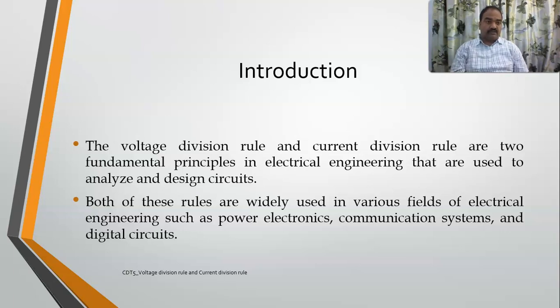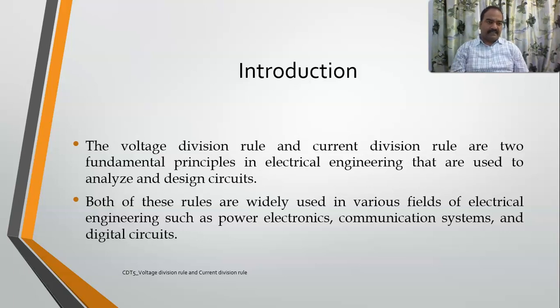So, first of all, coming to the introduction, the voltage division rule and current division rule are common fundamental principles in electrical engineering. They are used for determining the circuit response in simple circuits and analyzing them.